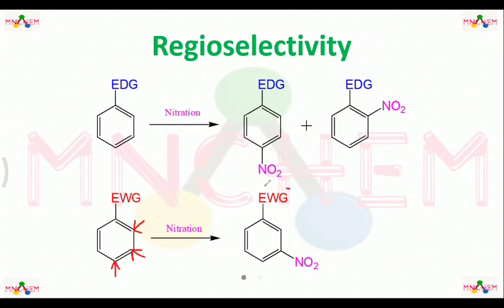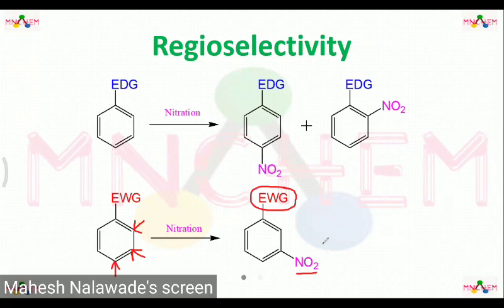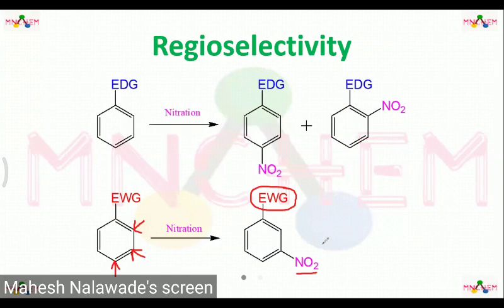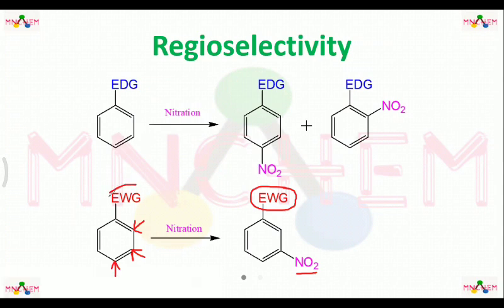But because of the directing effect of this electron withdrawing group, the product formed has the nitro group attached at the meta position. So we get the meta substituted nitro product in the aromatic electrophilic substitution reaction. Here the regioselectivity is directed by the electron withdrawing group.